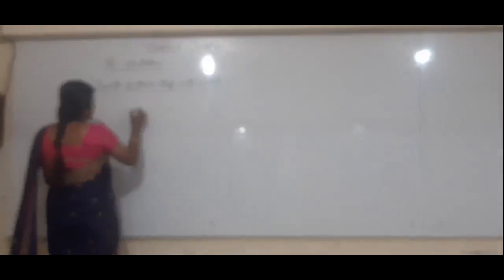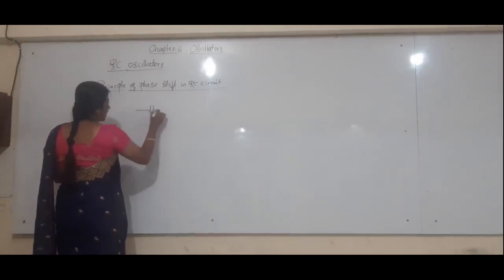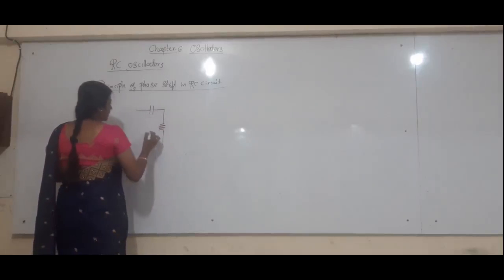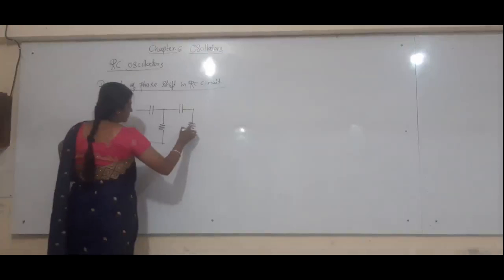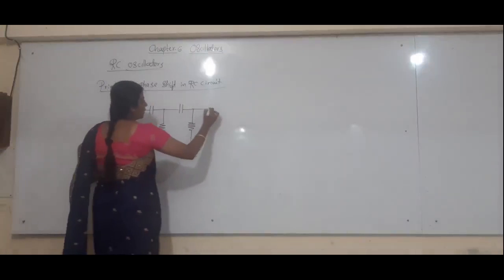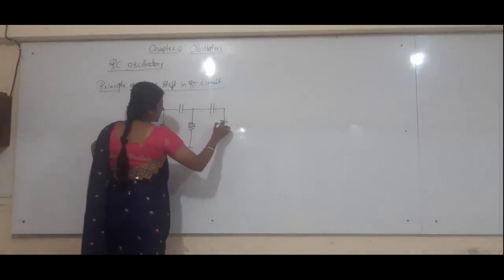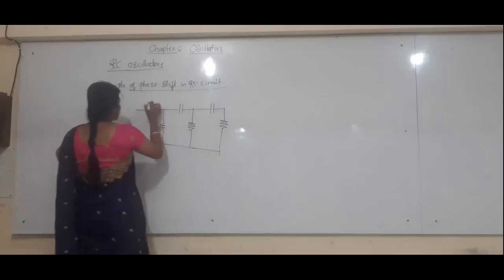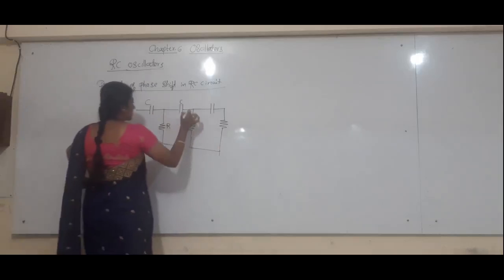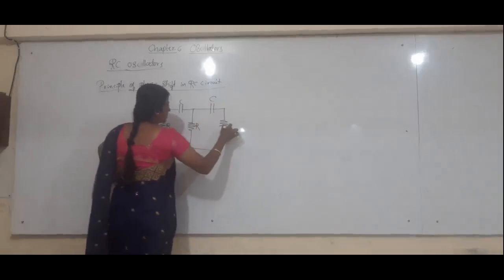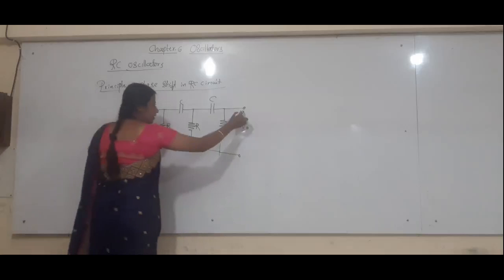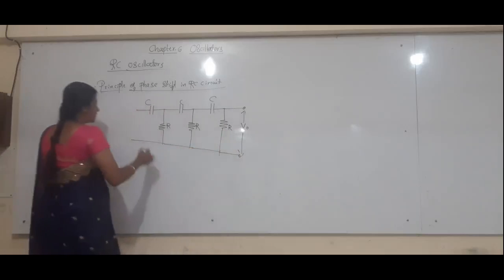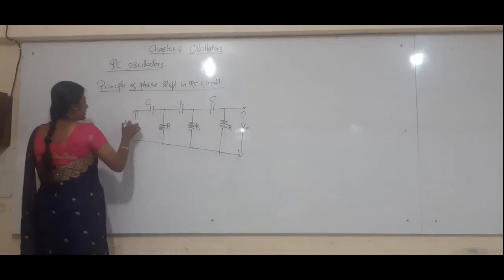One section of RC network, next another section of RC network, and one more section of RC network is connected here. That is capacitance and resistance, so that the output voltage is obtained at the output of the resistance. Here the input signal is applied.